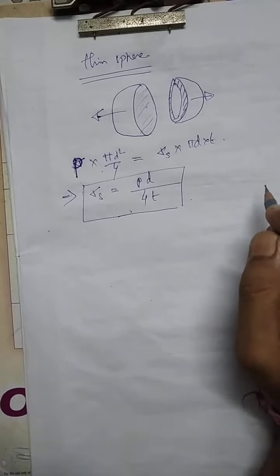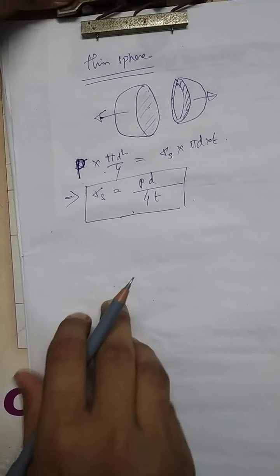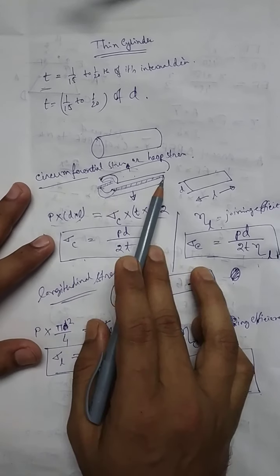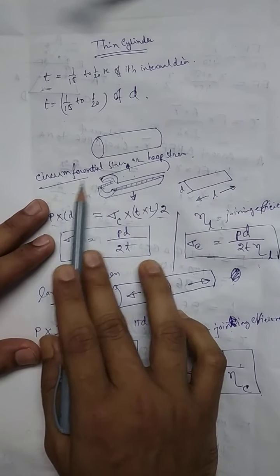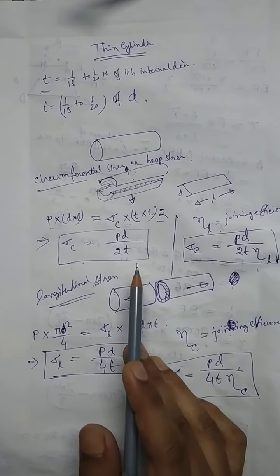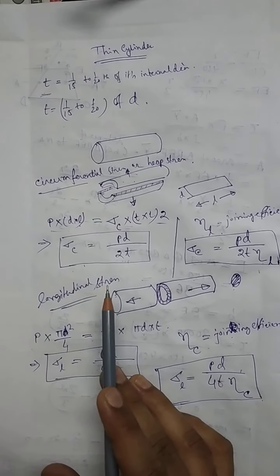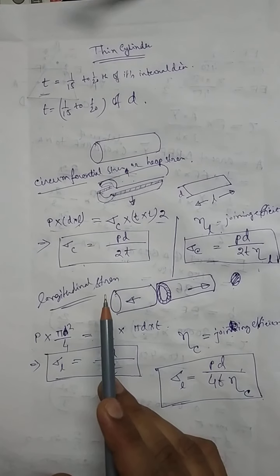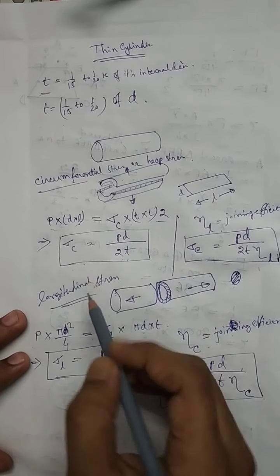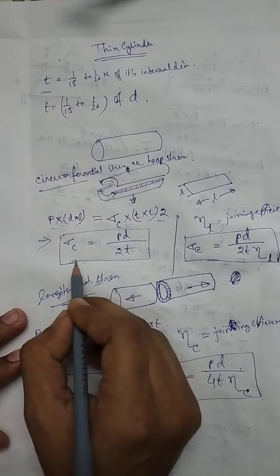It seems similar, but in case of longitudinal joints, the circumferential stress generated is maximum. So when we design these thin cylinders, thin pressure vessels or thin spheres, then for designing purposes we always use this formula.